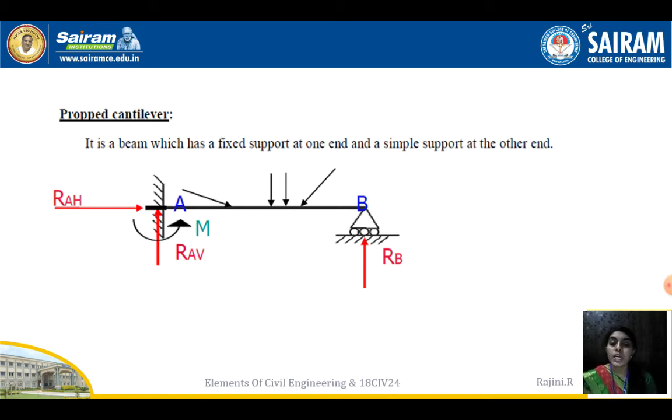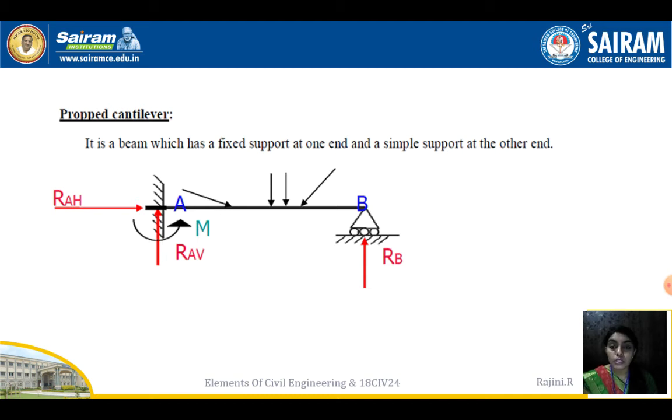Now we will count how many reactions are there in the propped cantilever. You just count all the reactions. At A, as usual, three reactions, right? Horizontal, vertical, moment, three reactions. At the other end, you have a roller support. How many reactions for a roller support? Only one, right?